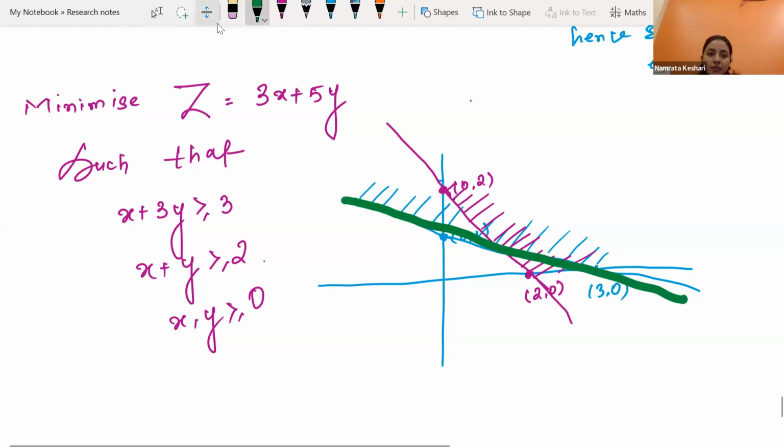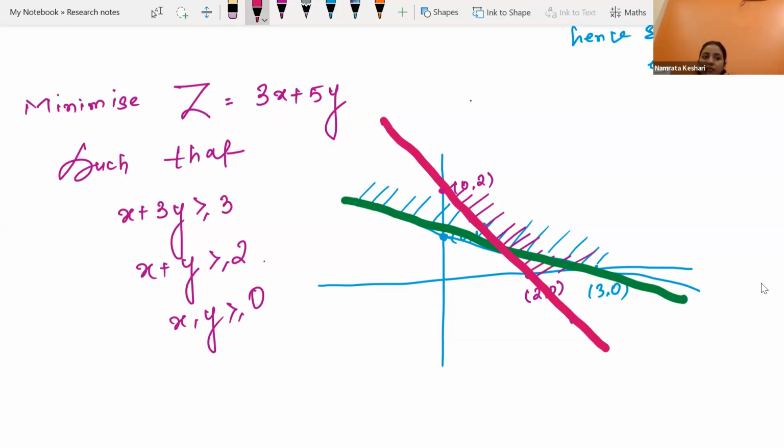The second line we have drawn, which is this one, here also it says to go up. When we do so, still we are not getting any bounded region, right? Yes. So we can say the common region is unbounded.